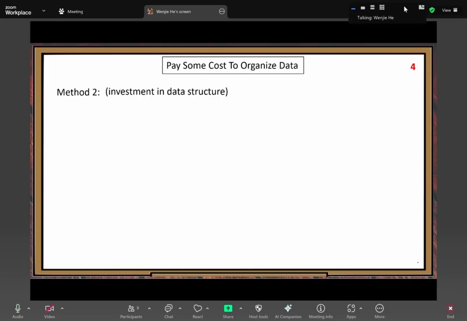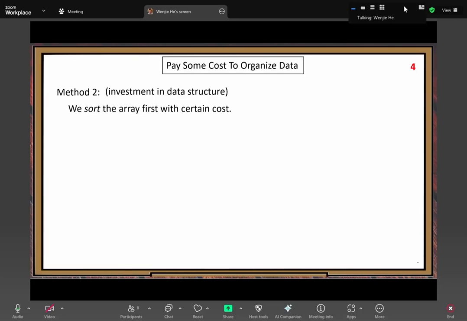Sorting, we know, is not cheap. You need to do a lot of work, so you need to spend quite some resource on sorting. Sort the array first with a certain cost.